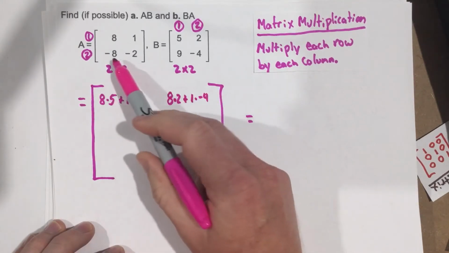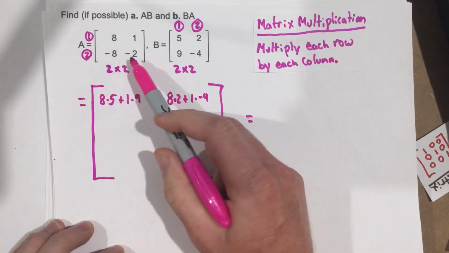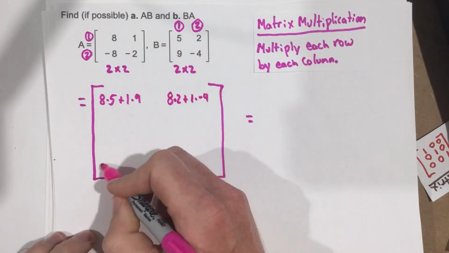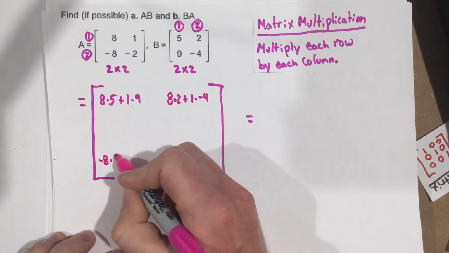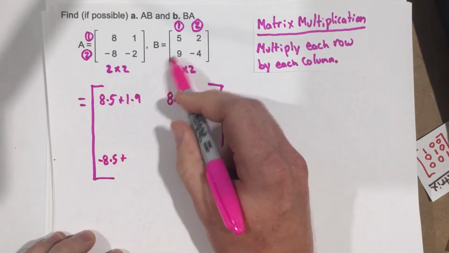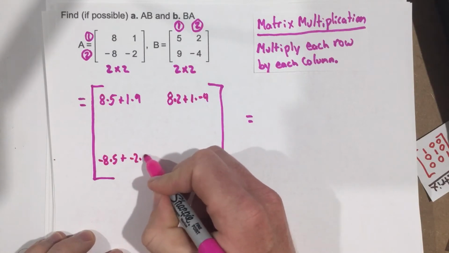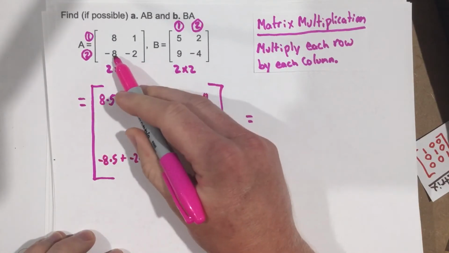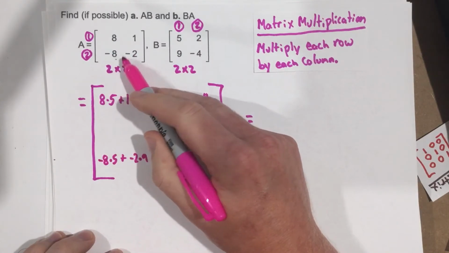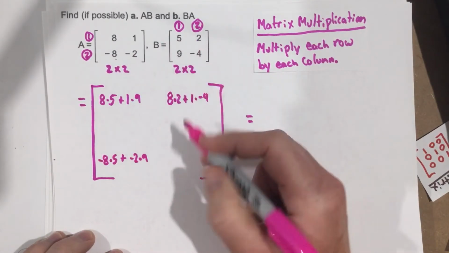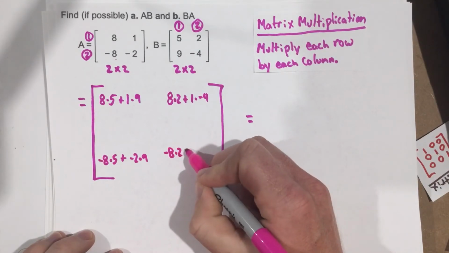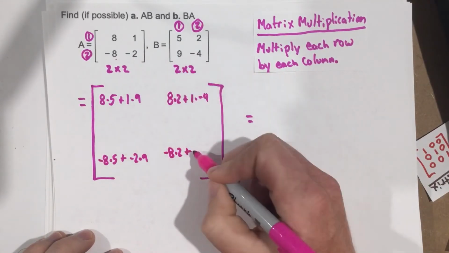And then I'm going to do the same thing down here for the second row. Negative 8 times the first column, which is 5. So negative 8 times 5, and I'm going to add it with negative 2 times 9. And then row 2 times column 2, so negative 8 times 2, and I'm going to add it with negative 2 times negative 4.